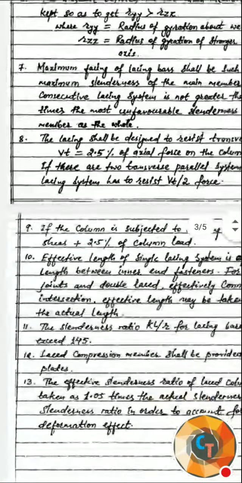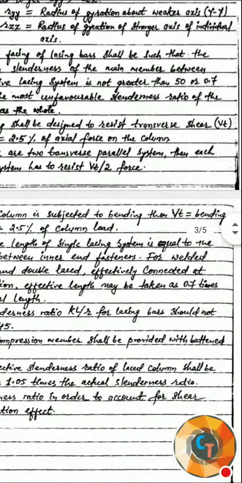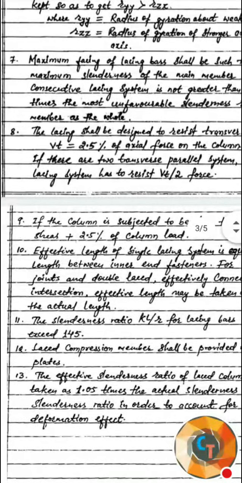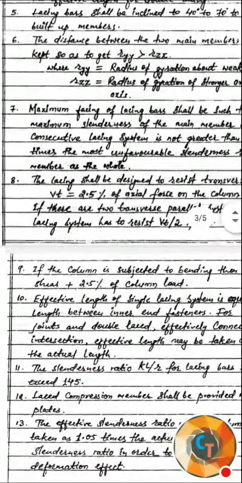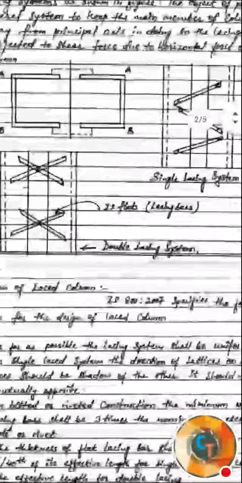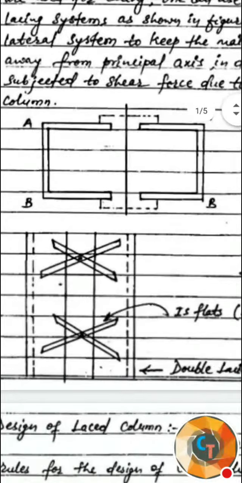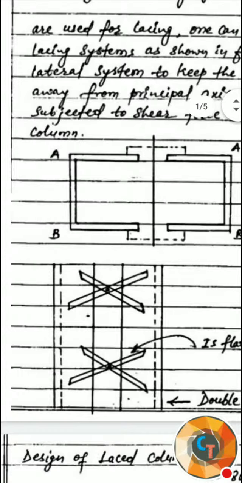If there are two transverse parallel lacing systems, each lacing has to resist VT by 2. That means only one system will carry half of VT. As you can see in the figure, at cross sections AA and BB we get two lacing systems.